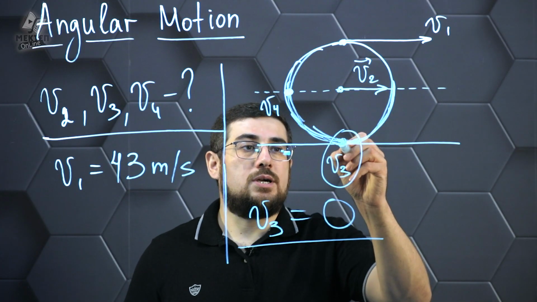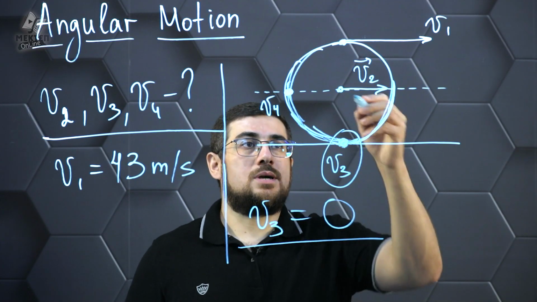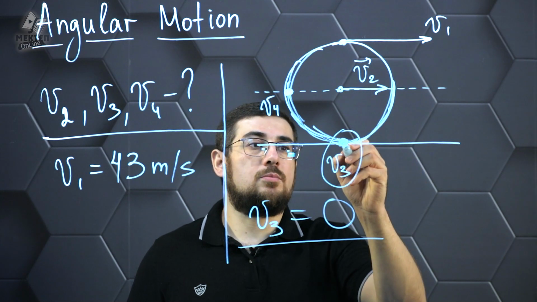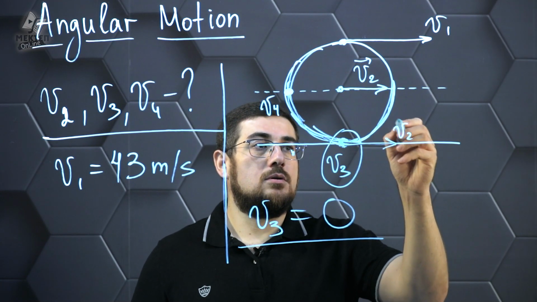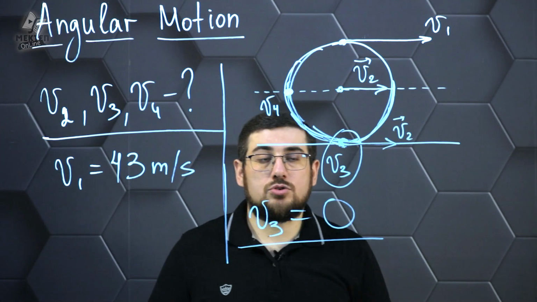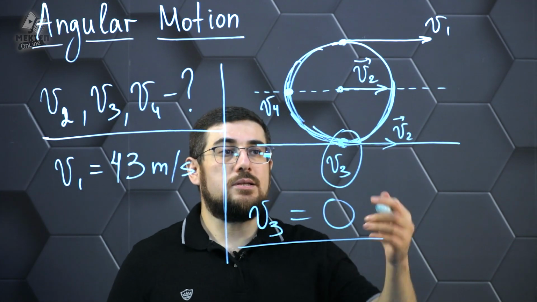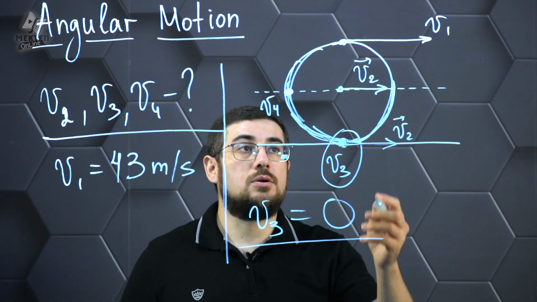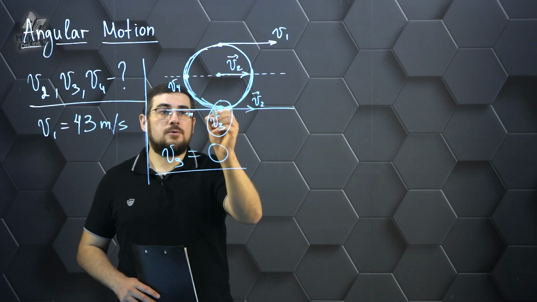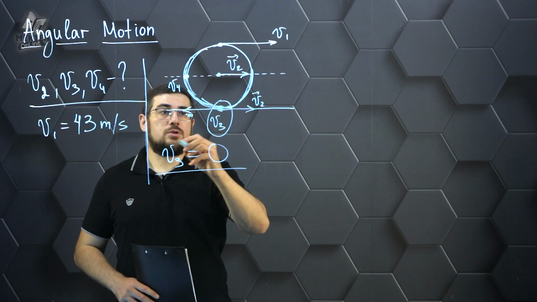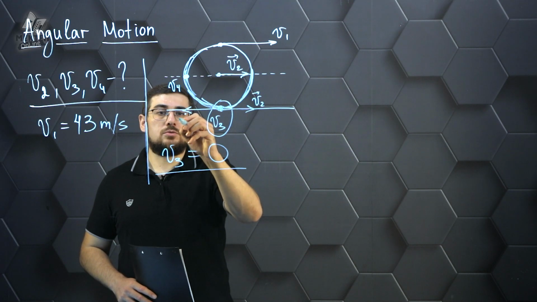And then it turns out that each point, having at least one translational speed directed to the right, V2, will also have a rotational speed, which will be directed tangentially to the trajectory at the corresponding point. Here we understand that the movement occurs clockwise, and the rotational speed at the lowest point will be directed in the opposite direction.